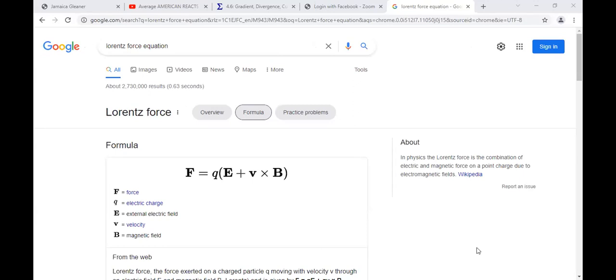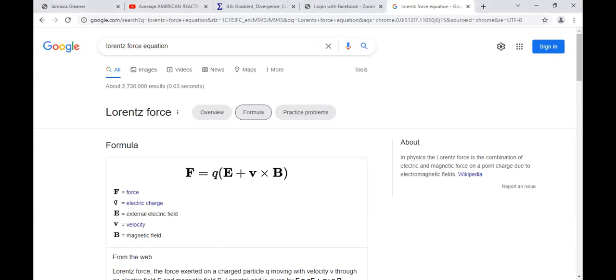All right, this is an example of something you would have been told at some point in your life: that F is equal to EQ.